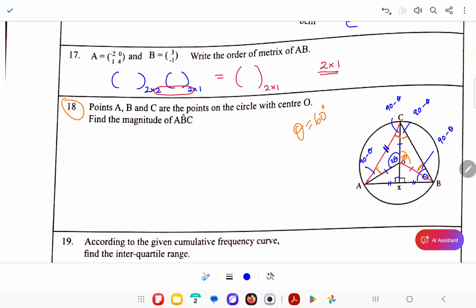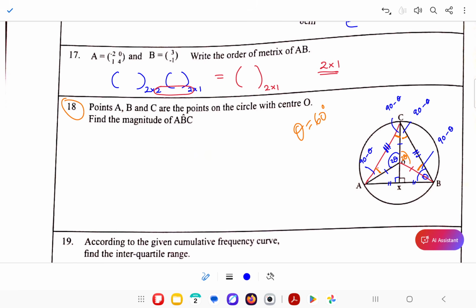So we know AC and CB are equal because OAC and OCB are similar triangles, not similar, congruent triangles. OAB is also the same type, no?